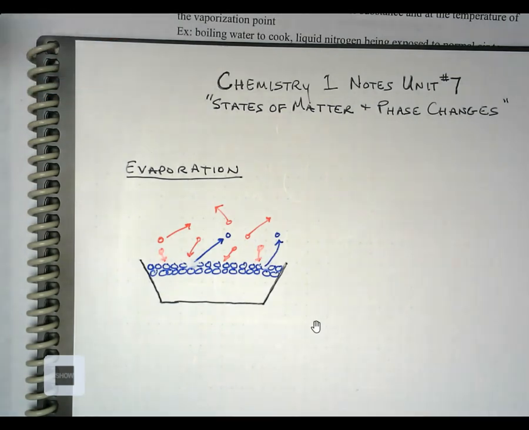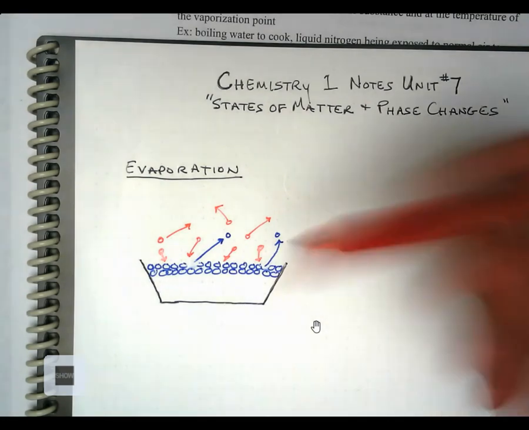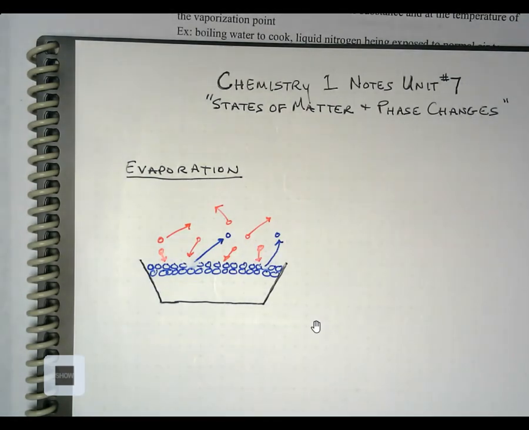So the way evaporation works is air molecules are constantly striking the surface. That's where your energy comes from. Every once in a while, you'll get enough air molecules or enough energy, and it'll pop a water molecule off the surface and send it into the air, turning it into a gas.